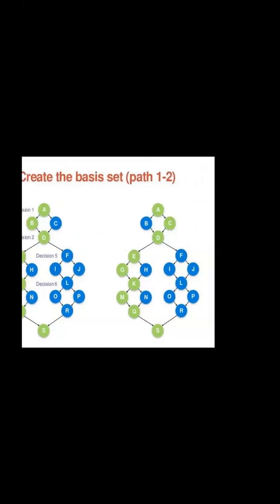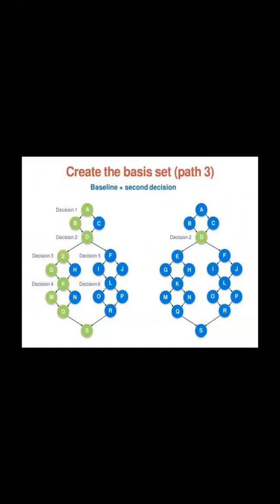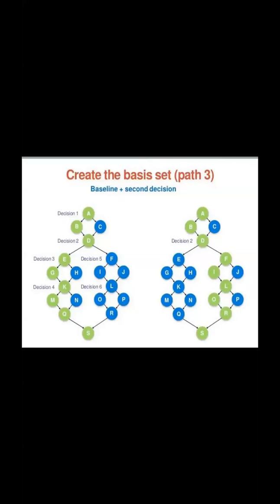The same way at decision point 2, if you take the decision as F, then you will go F, I, L, O, S. So that is your path.